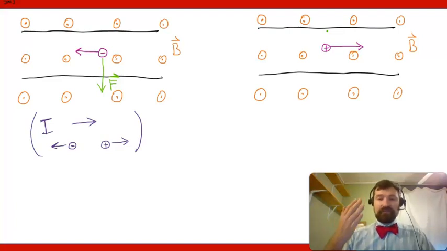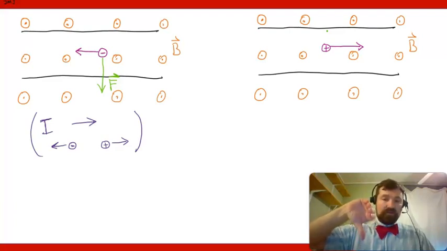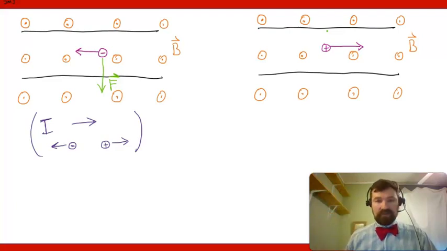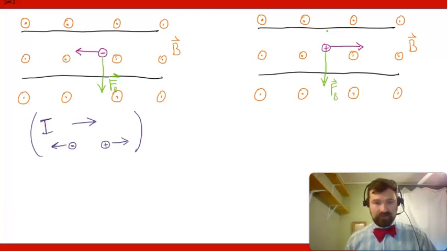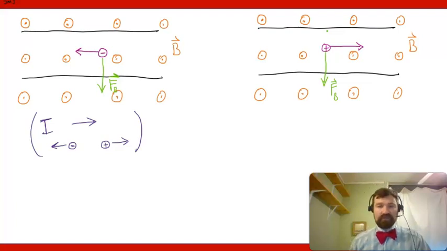So I have my particle, and it's moving in this direction. I have the curl, I have the B field pointing out towards you. My thumb points downward. So this one, again, has a force in the downward direction. So in both cases, the magnetic field exerts a downward force.